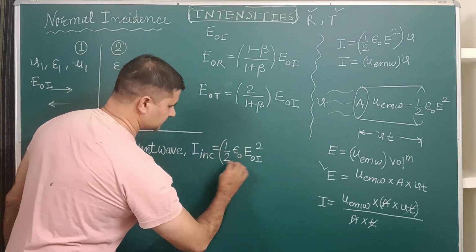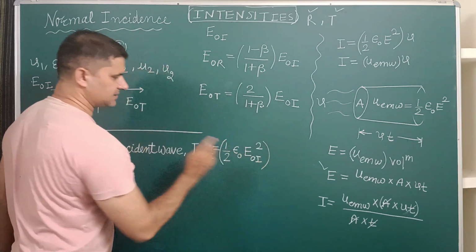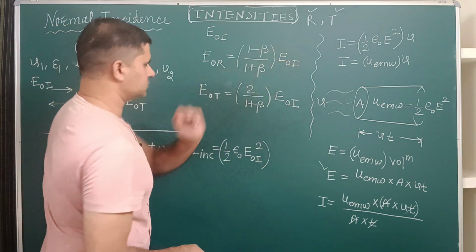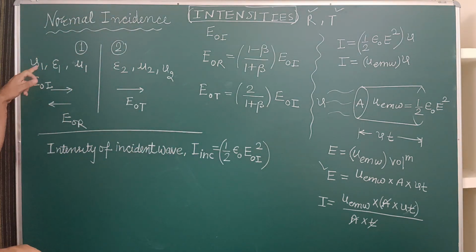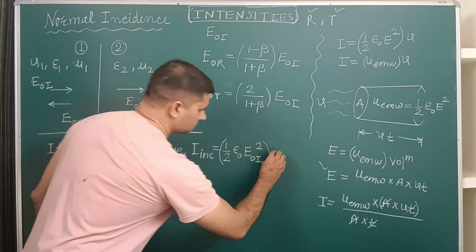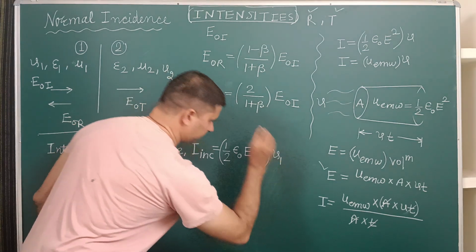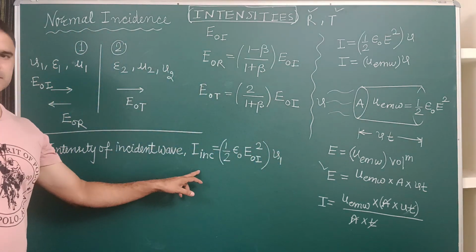Okay, this is the energy density of the incident signal and the velocity. Incident wave is in the first medium where velocity is v1, so I will put here v1. So this is the intensity.